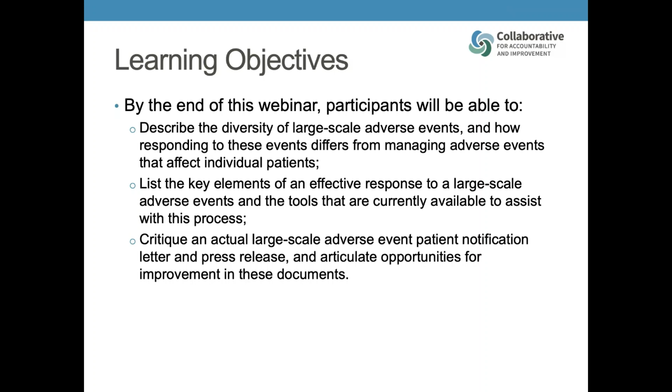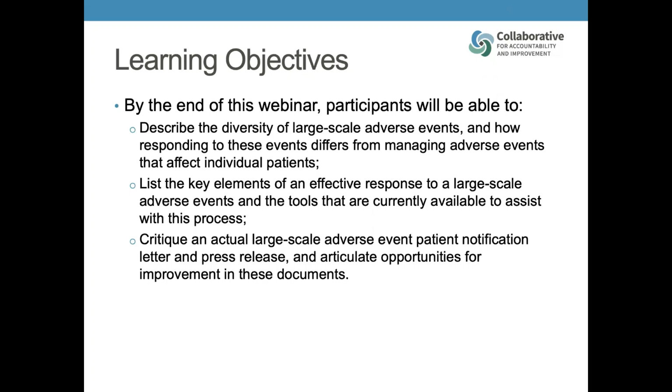And as part of that, I hope all of you got some of the background material that we emailed to you for this. It includes an article that we wrote on large-scale adverse events that was in the New England Journal that you can put aside and read if you're having trouble falling asleep tonight. But what you really need in front of you for the webinar today is a document that has two exercises on it.